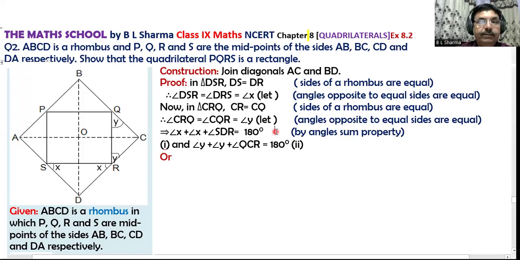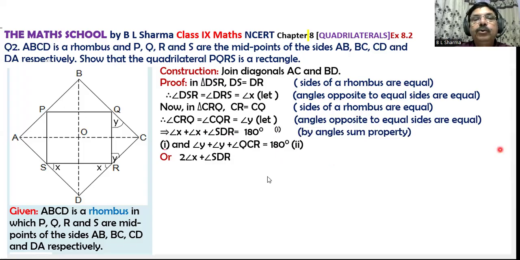I can give, now twice of angle x plus SDR is 180 degrees. So twice of x plus SDR, that is 180 degrees. And similarly, twice of y plus angle QCR is equal to 180 degrees.